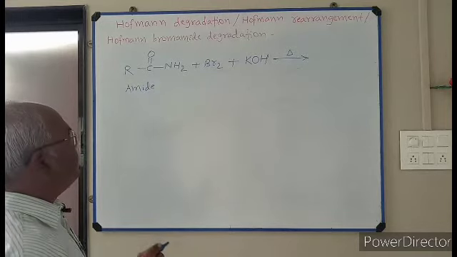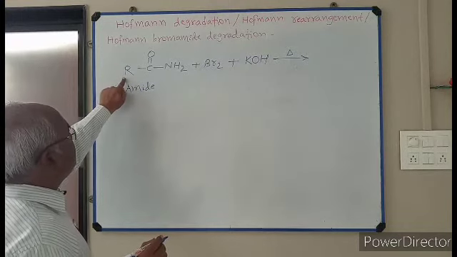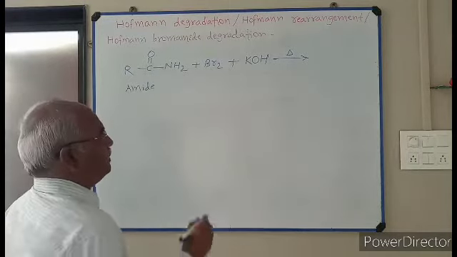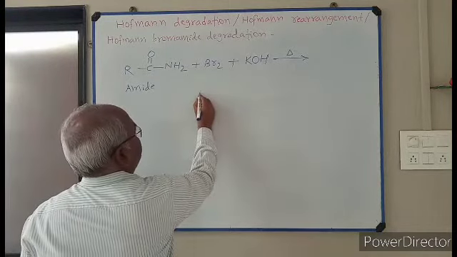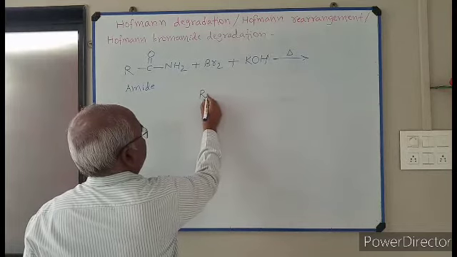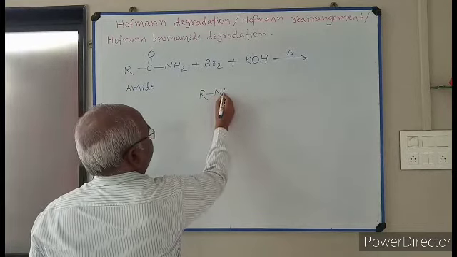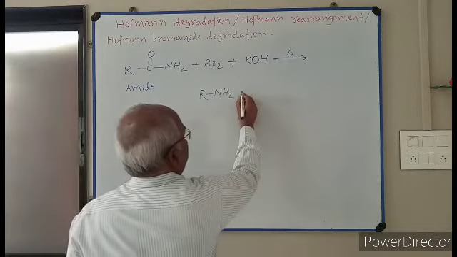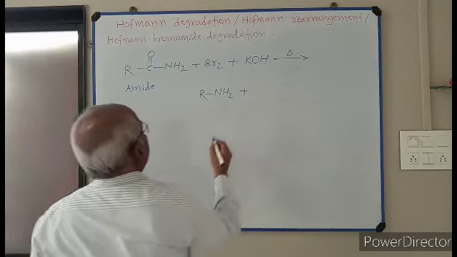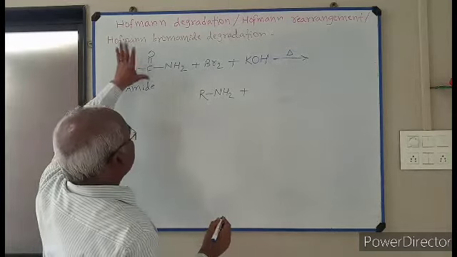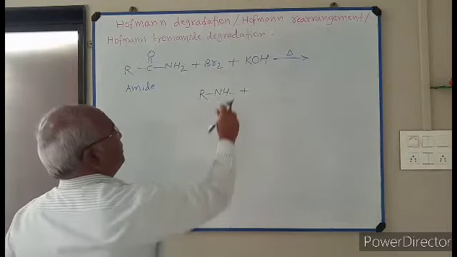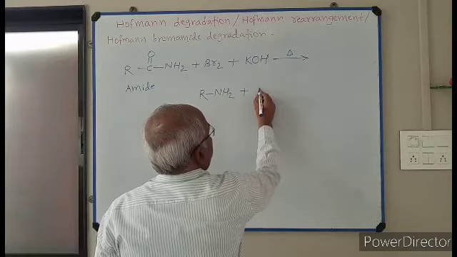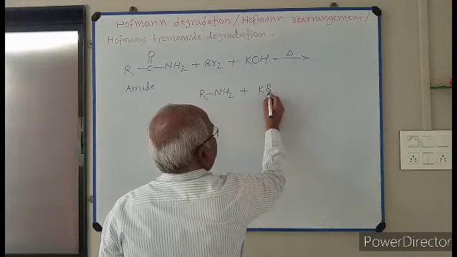Remember, in this reaction, the alkyl group migrates to the NH2 group and the product is R-NH2. This is the product. Plus, here the carbonyl group is removed. K combines with bromine and potassium bromide is formed.